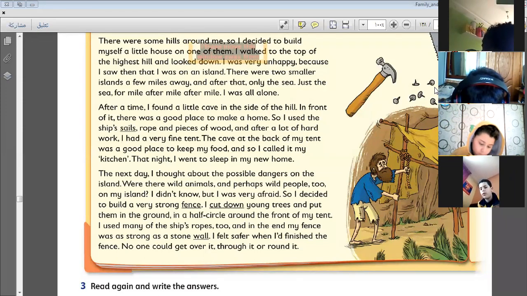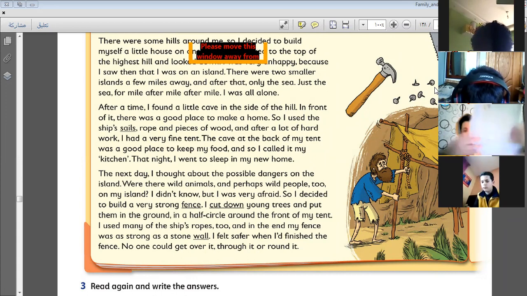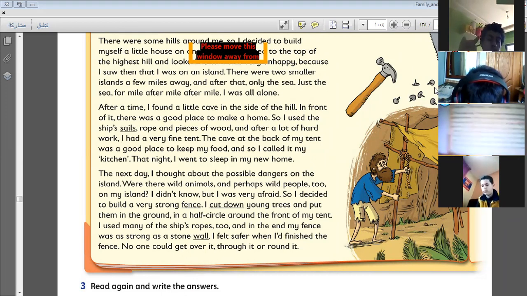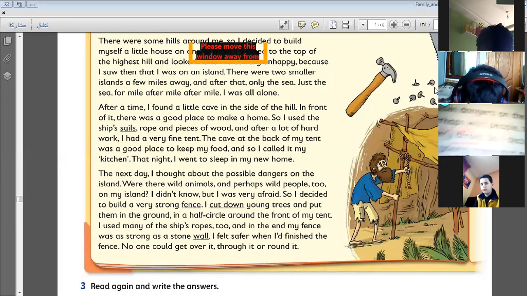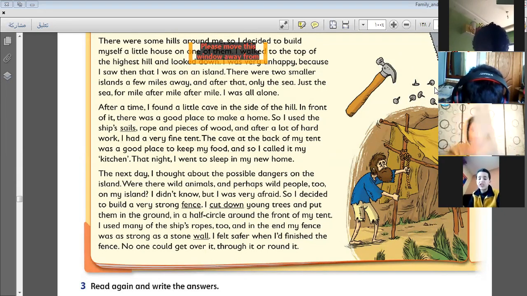Okay, so sixth graders, underline thought, and we have verb 2. And what else can you find? Decided. Yes, decided in line number 20. What else?